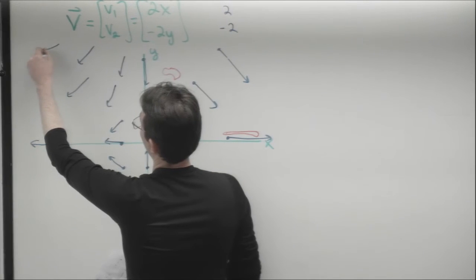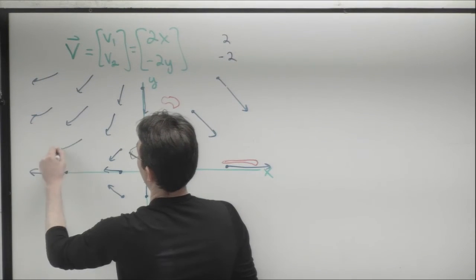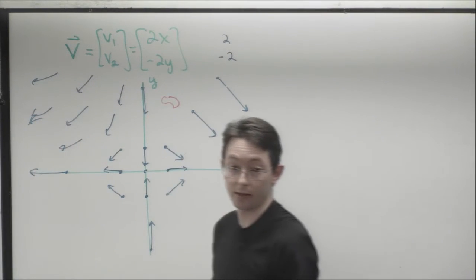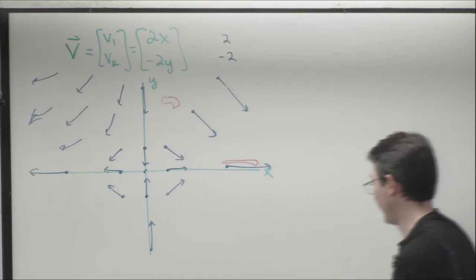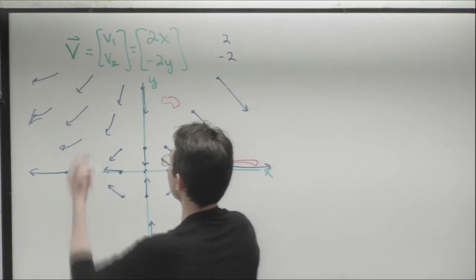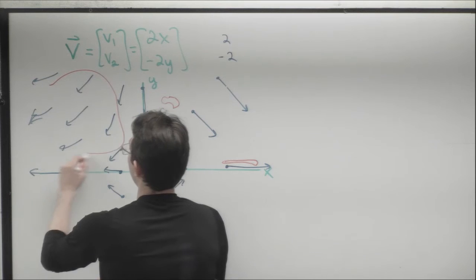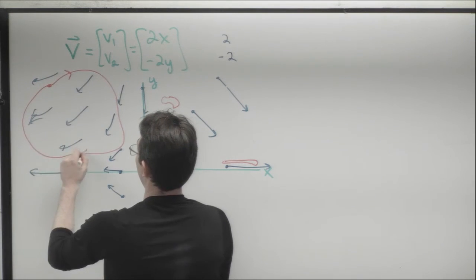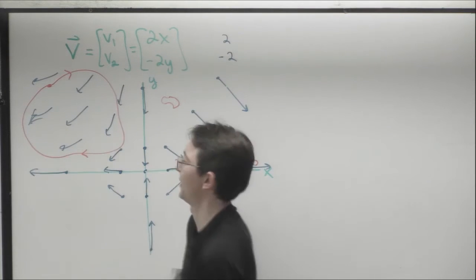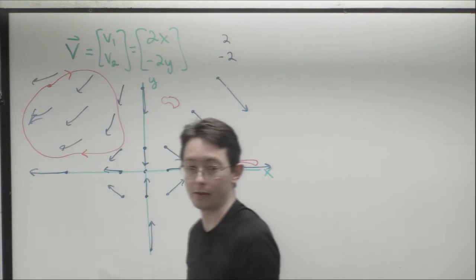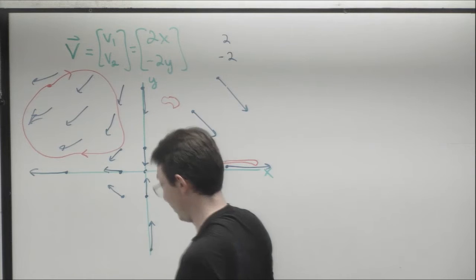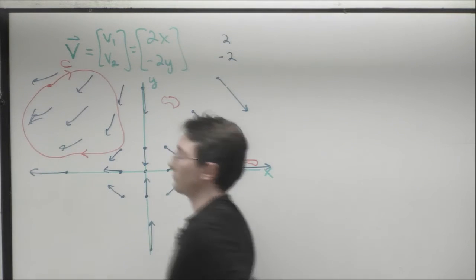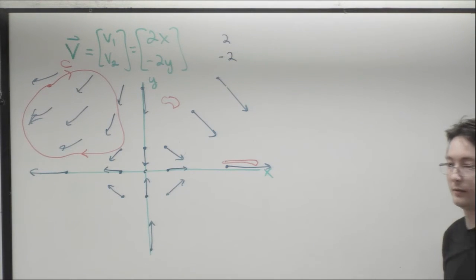I can't really draw this that well, but I have some vector field that's doing its thing. Let's say that I take a big closed contour integral, like this. Is that right-handed? That's left-handed. Well, I'm left-handed. So let's say I take a big contour integral, C, and I integrate various quantities.